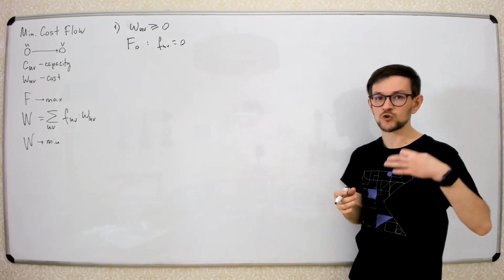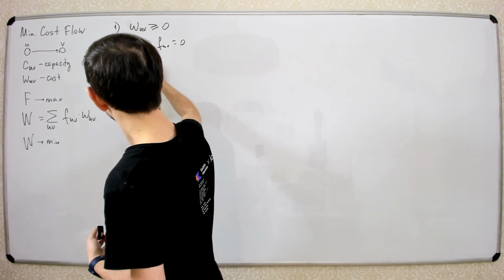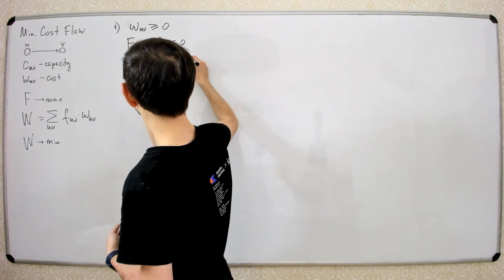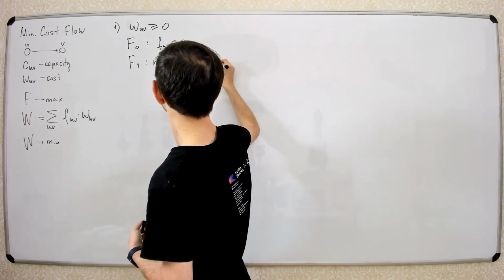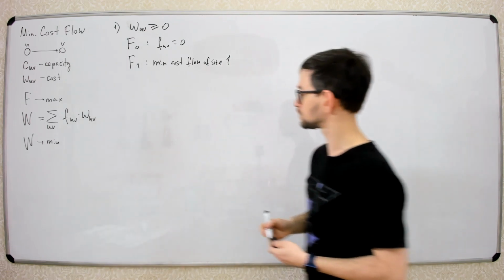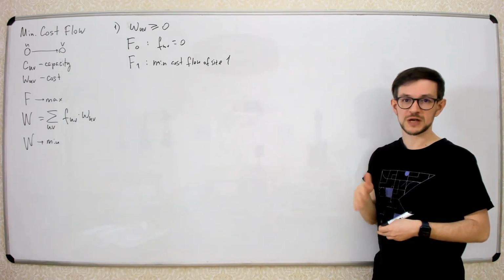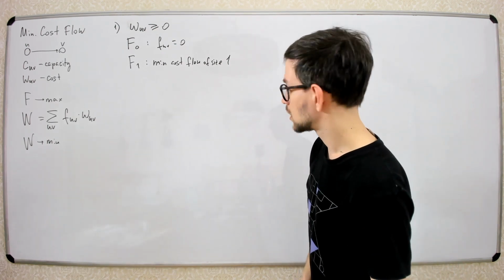Now let's try to build a flow of size 1. So minimal cost flow of size 1. How to find the minimal cost flow of size 1? Do you have any ideas? How does it look?